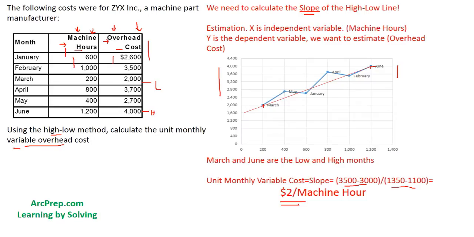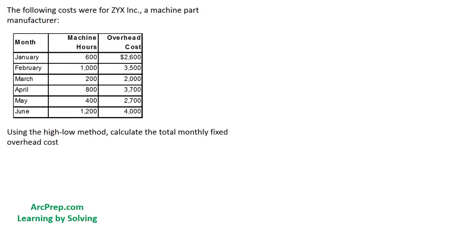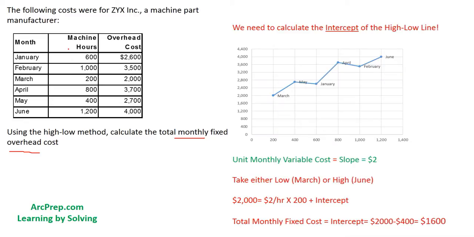Now, this was the slope, so let's take a look at the intercept, the point where the line is going to intersect with the y-axis. That is going to be my monthly fixed overhead cost. So no matter what I do, even if the machine hours is 0, there will be some overhead cost for sure. And in this case, I'm trying to calculate what that is if machine hours is 0.